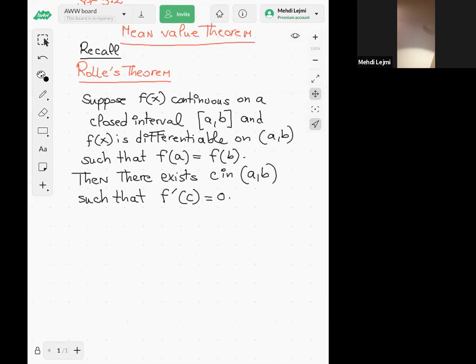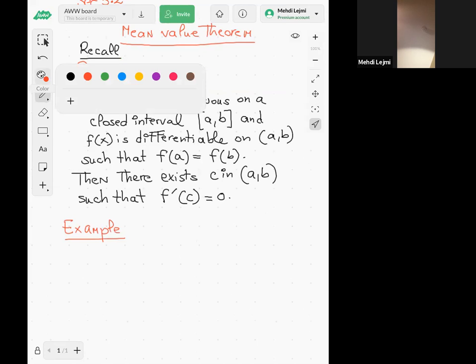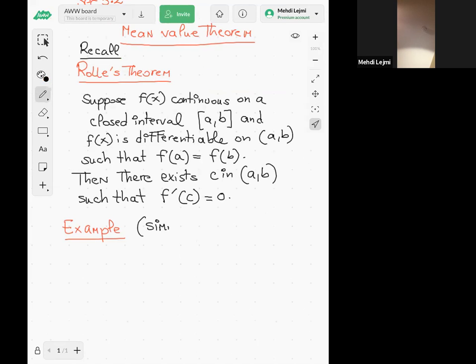So we're going to apply the theorem; the goal, of course, is to apply the theorem.